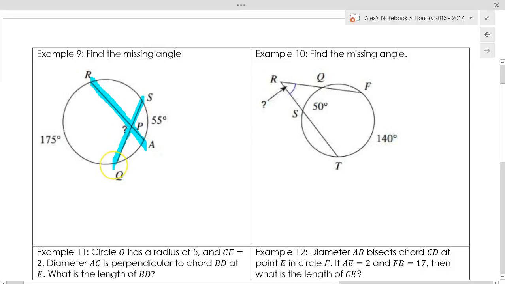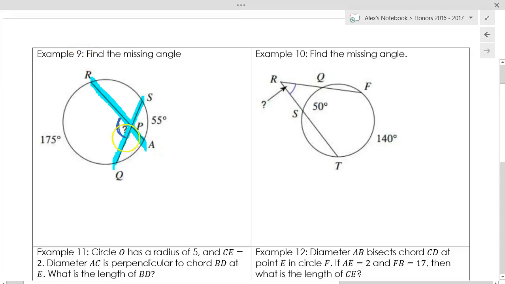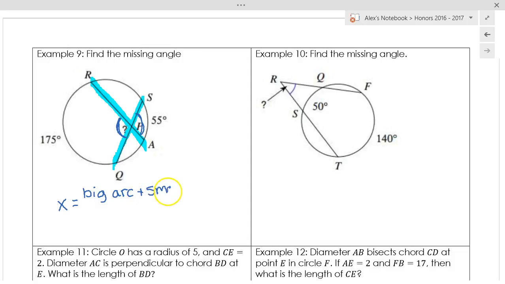The theorem for finding an angle when 2 chords intersect: this angle and this angle are the same because they are vertical angles, and it's really the average of the other 2. So x equals the big arc plus the small arc divided by 2.